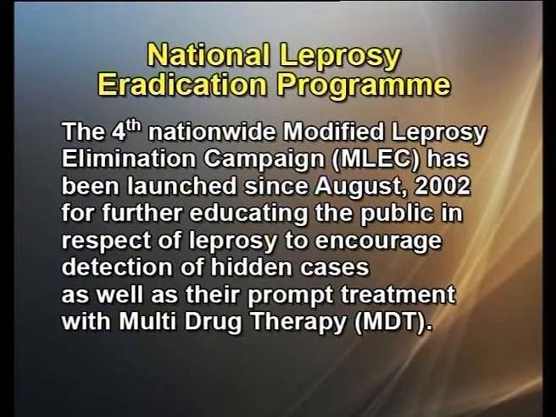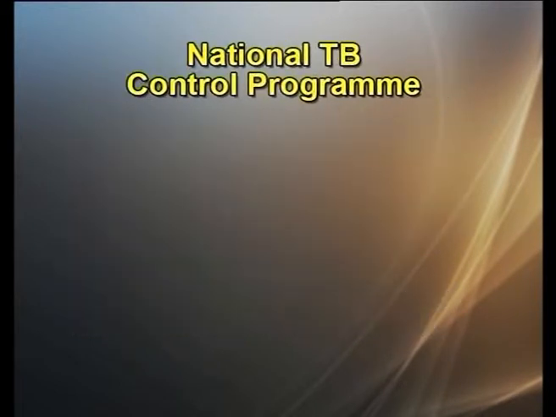The fourth nationwide modified leprosy elimination campaign has been launched since August 2002 for further educating the public in respect of leprosy, to encourage detection of hidden cases as well as their prompt treatment with multi-drug therapy. National TB Control Program.